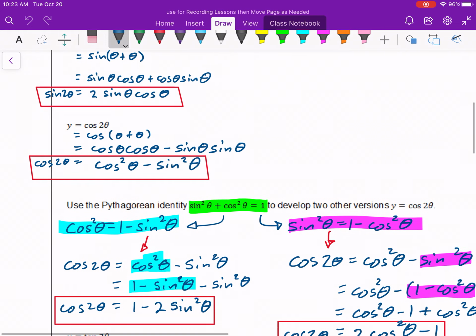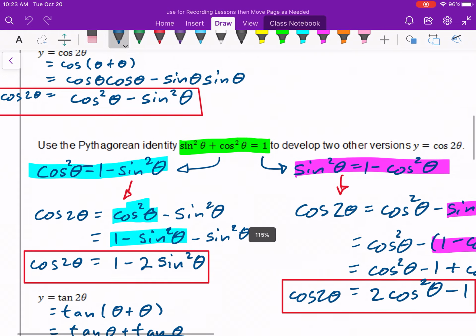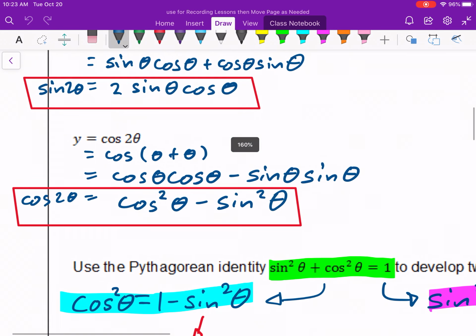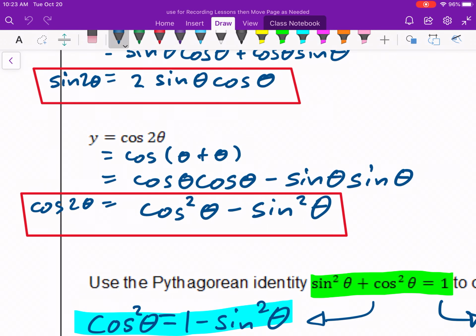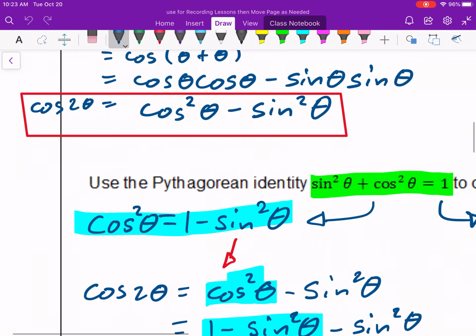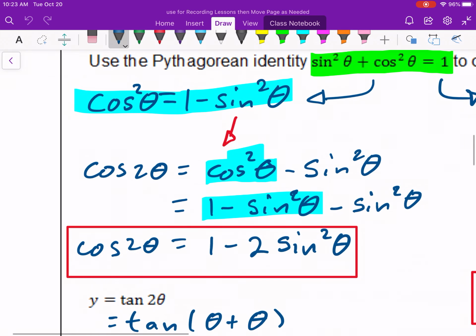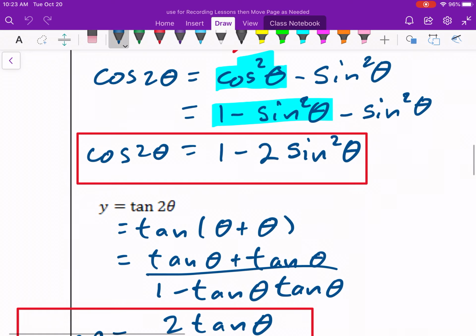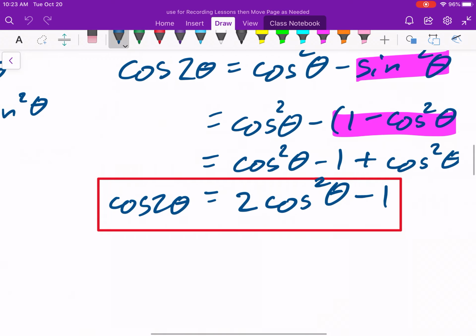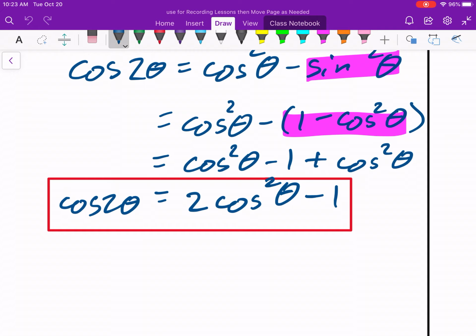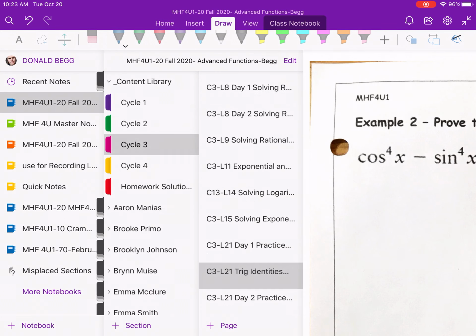So remember the double angle formulas for cos 2x or cos 2 theta is equal to cos squared theta minus sine squared theta, or 2 cos squared theta minus 1, or 1 minus 2 sine squared theta. So those are all different versions of it.